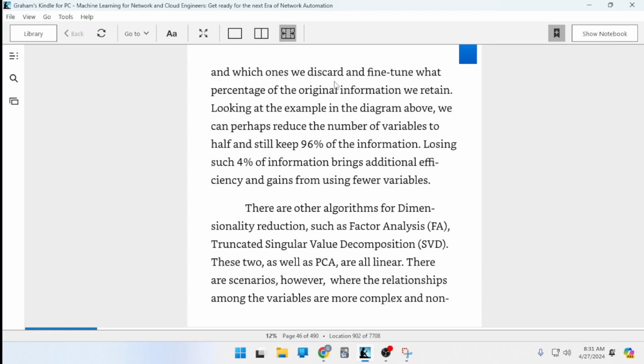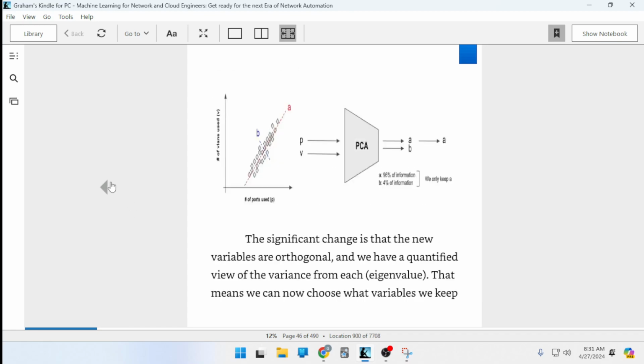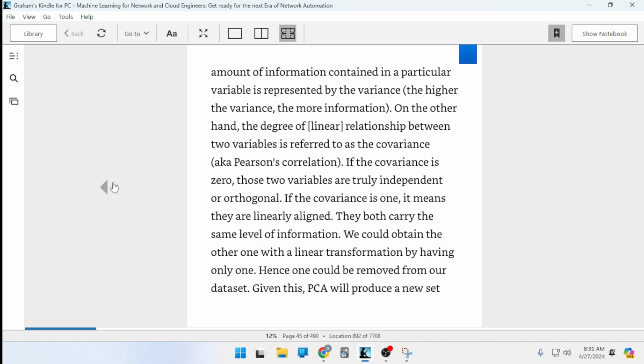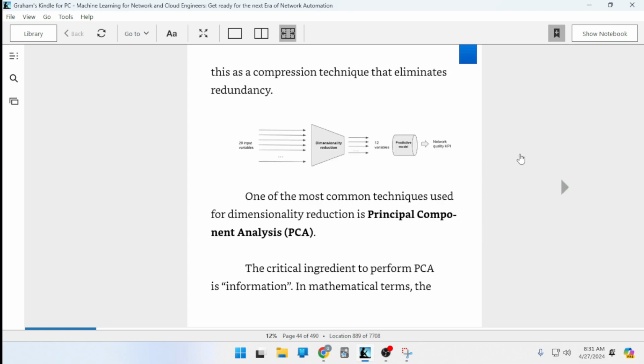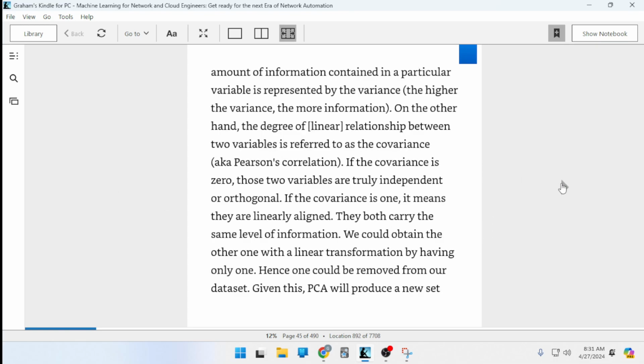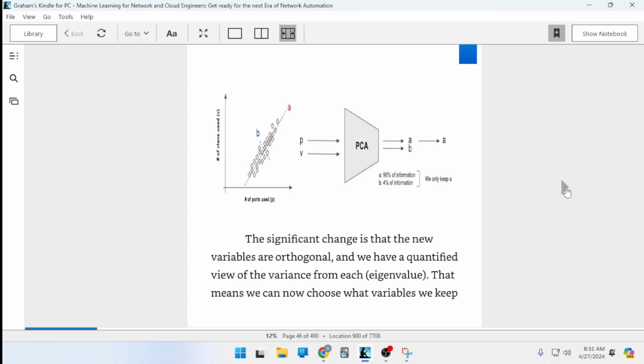These two, as well as PCA, are all linear. So let's go back. So FA stands for factor analysis. SVD stands for singular value decomposition. And PCA stands for principal component analysis.